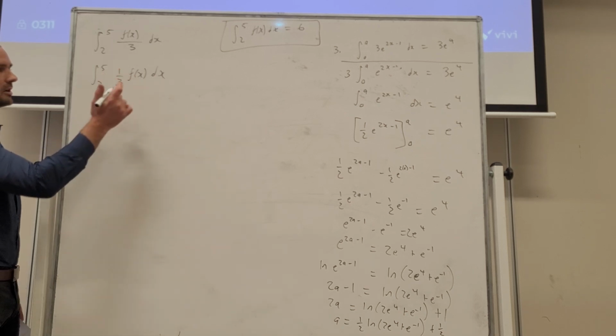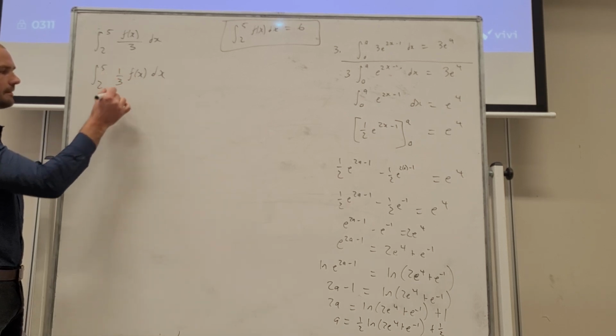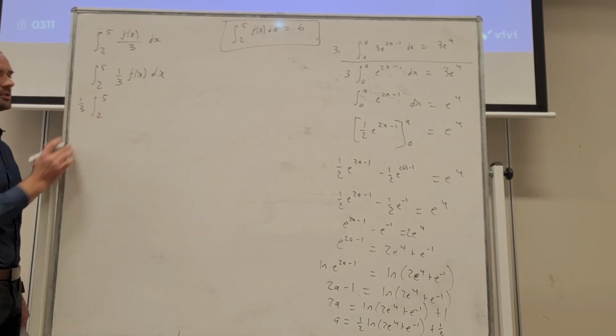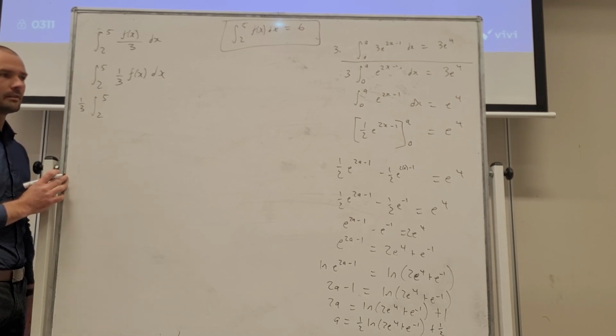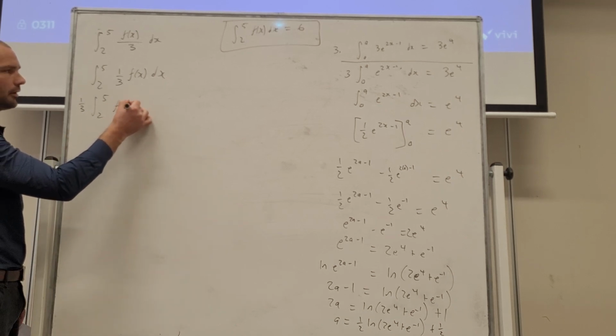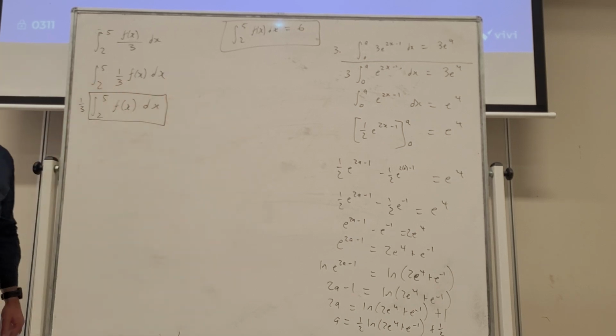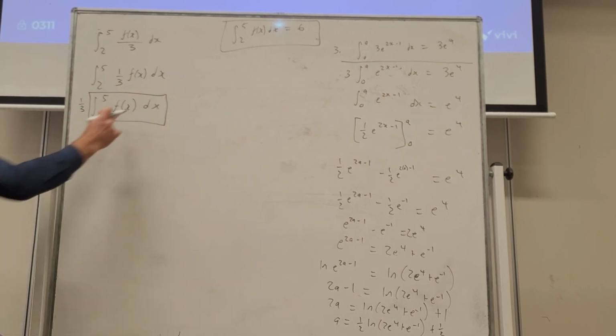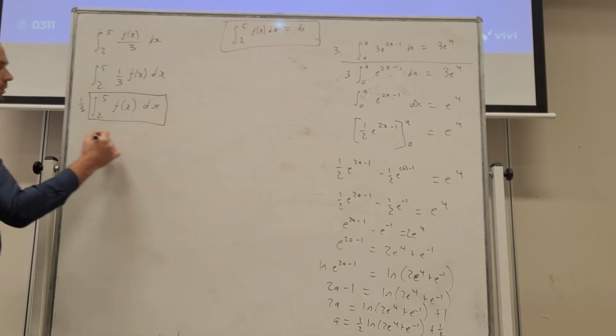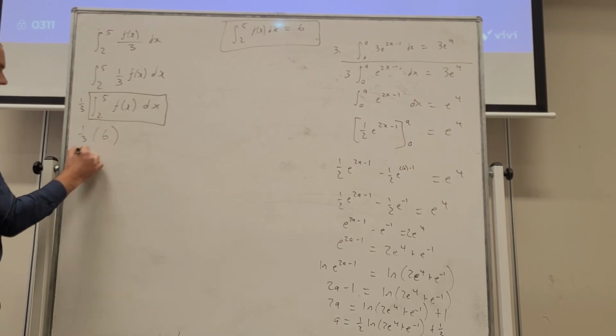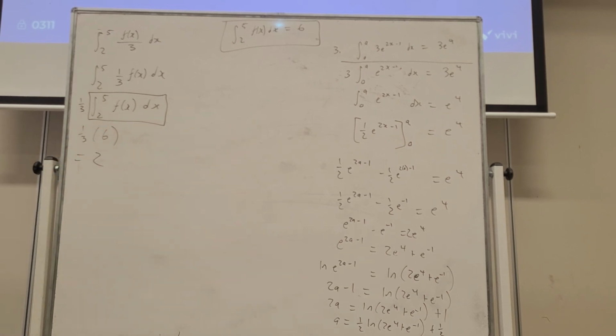And now we're just going to apply one of the properties of definite integrals, which is that the number can just float out the front. Okay, we're just multiplying it by a third. And then we know what the value of this is. The value of this is 6. That's what we're told. So a third of 6 is 2. Okay, so thus by the properties of definite integrals we can solve.